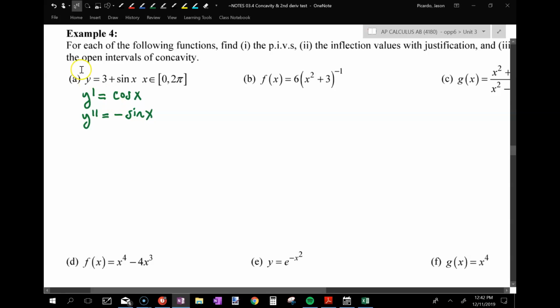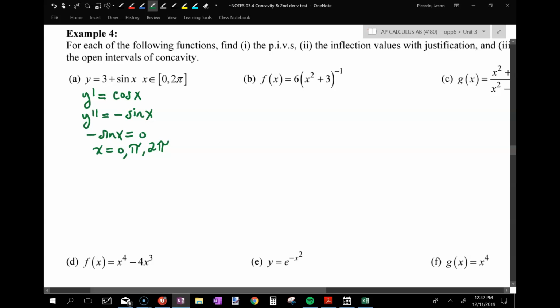Well, negative sine of x is a continuous curve, isn't it? Great. Can this ever equal 0? Sure. Where does negative sine of x equal 0? At 0, at pi, and at 2 pi.